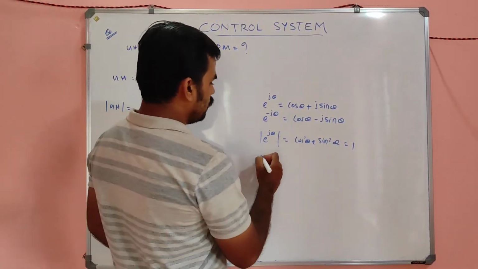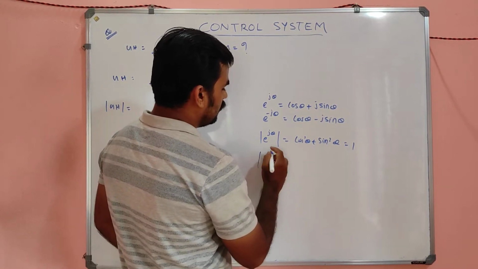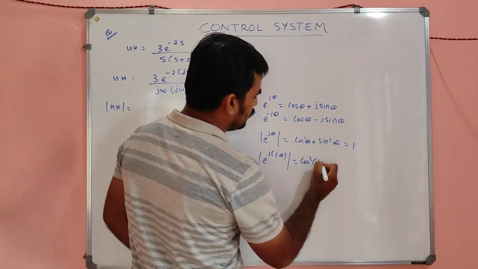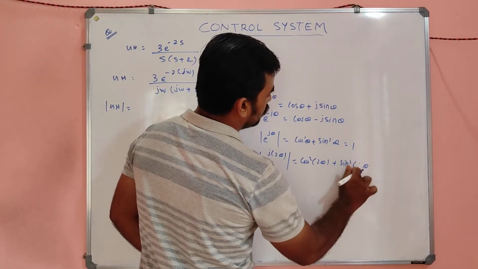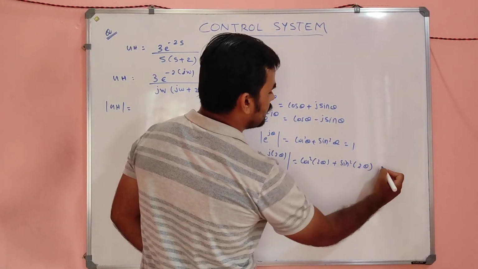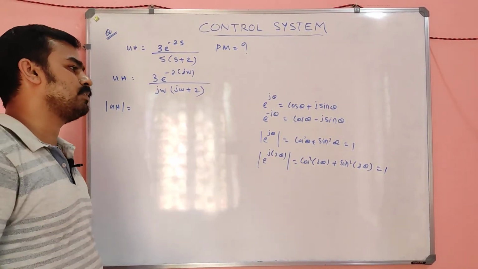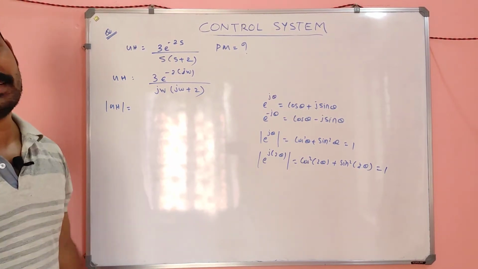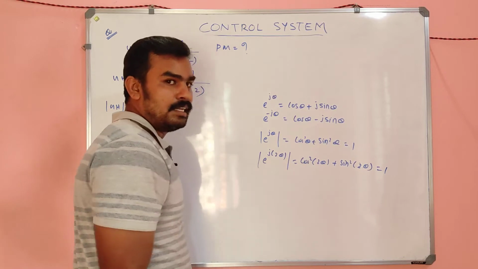Definitely it is 1. What is the magnitude of e raised to j into 2 theta, which is nothing but cos square 2 theta plus sin square 2 theta, which is again equal to 1. Cos square theta plus sin square theta equal to 1, a general equation you can apply.